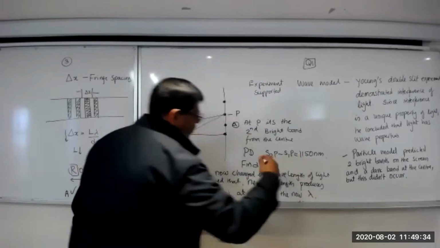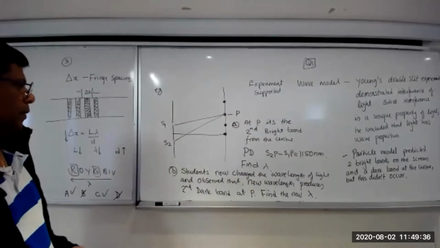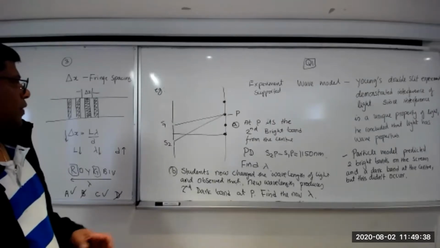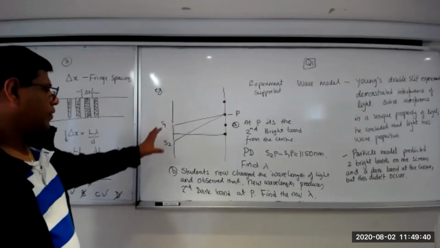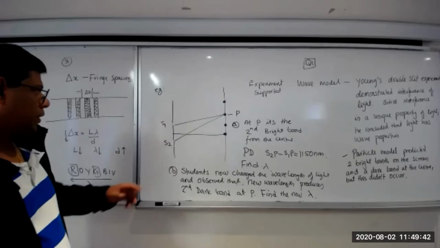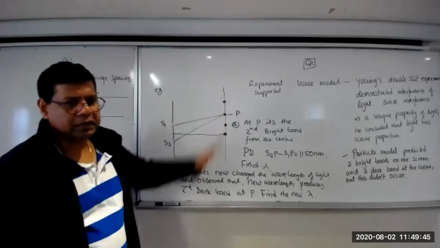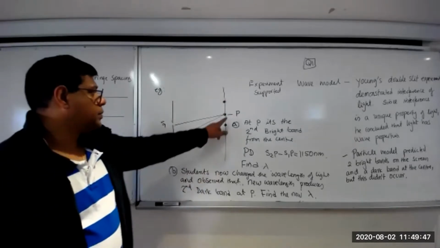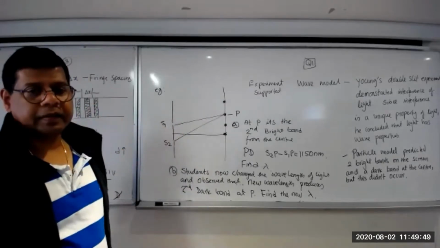This is one of the typical questions you sometimes see in the exam. They give us one scenario, finding the wavelength, then they change the wavelength, talk about a change in the pattern on the screen at the same spot, and ask you to find the new wavelength.